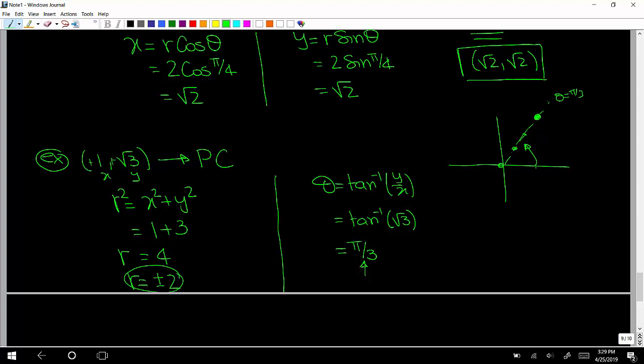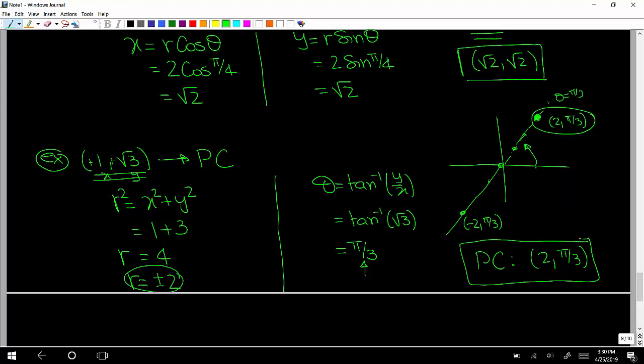Okay? So that's the point that's given to us. Now if I use negative 2, then remember what will happen. You flip and go 180 degrees. So this point here would be negative 2 and pi over 3 in polar coordinates. And this point here would be 2 and 2 pi over 3. So we want this point because we want the point in the first quadrant. So our point in polar coordinates here is going to be 2 and pi over 3.